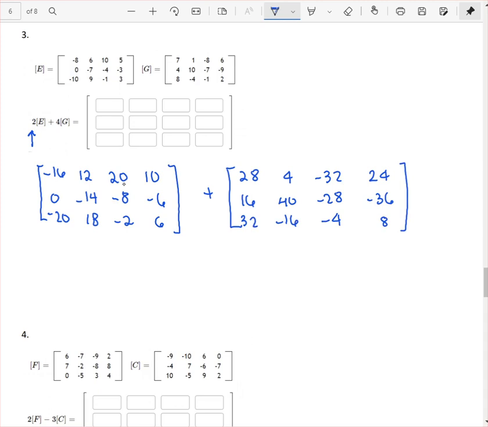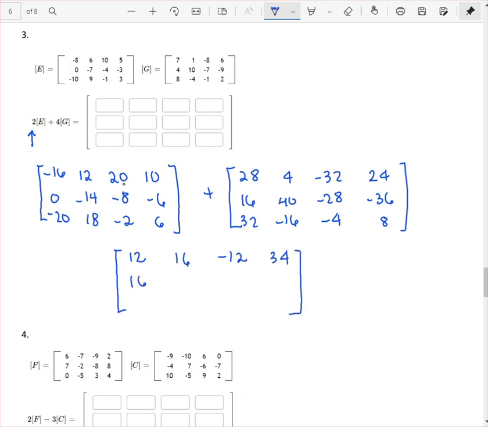And now we just add the corresponding terms. So like the -16 goes with the 28. The 12 with the 4. The 20 with the -32. The 10 with the 24.